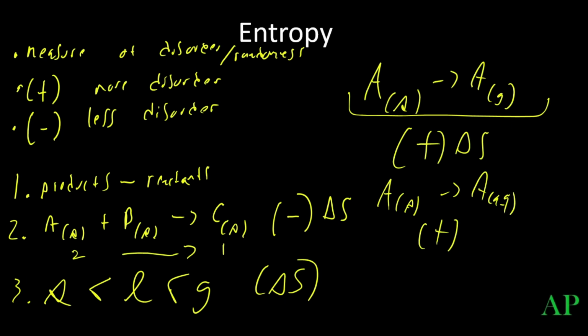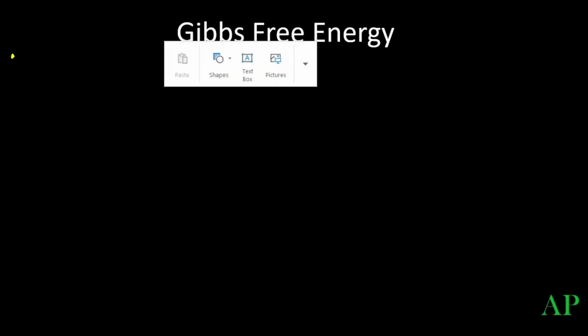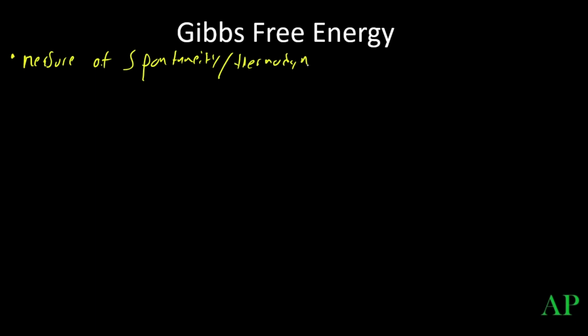Also, last topic to talk about is Gibbs free energy. So what is Gibbs free energy? Gibbs free energy is a measure of spontaneity. You can use thermodynamically favorable as well.